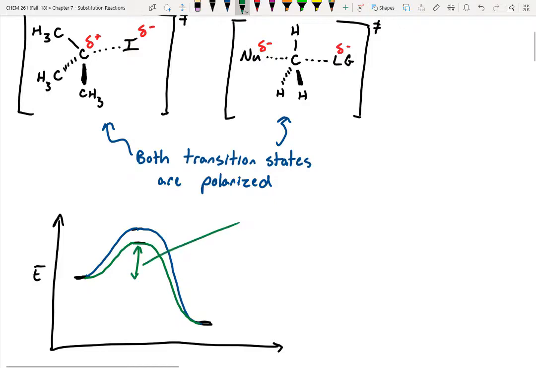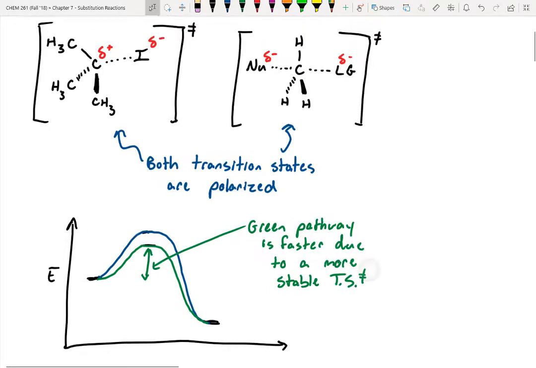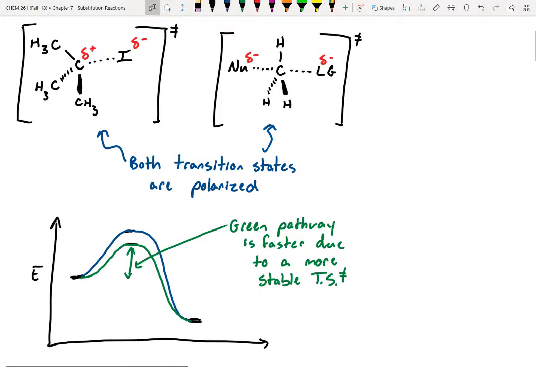So we would say the green pathway is faster due to a more stable transition state. So when we're trying to do these substitution reactions, one way of increasing the reaction rate is to try to stabilize that transition state in some way, shape, or form. That way the hill is less extreme that it has to climb, right?